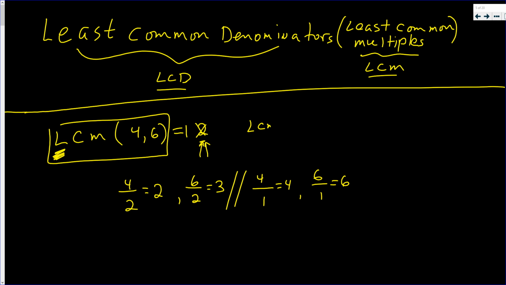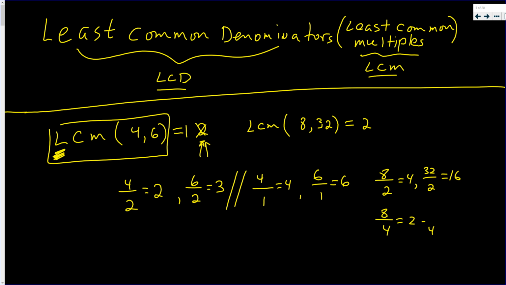In fact, whenever you find the LCM this way, say for 8 and 32, which again is the wrong way, a lot of students once again will say 2 because 2 does go into 8 and 2 also goes into 32. Just for the record, 4 goes into 8 and 4 also goes into 32.